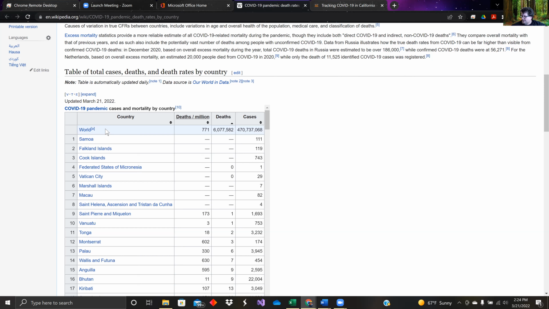So globally, since the pandemic started, 6 million deaths. Good God, it's insane. That's a lot of people from just one little thing.